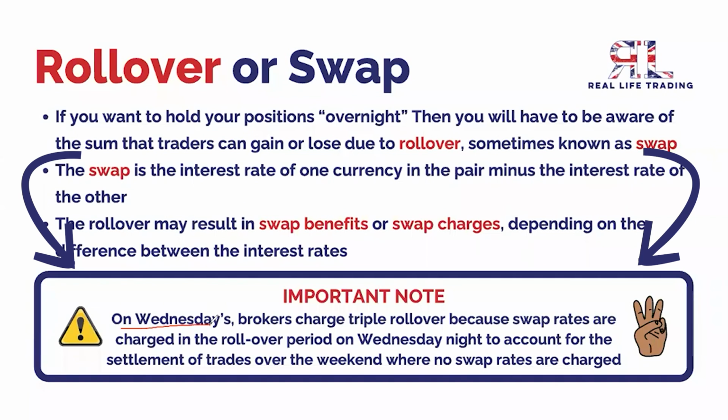So what does that mean in layman's terms? On the weekend, there are no swap rates, no rollover. So all the transactions that happen on the weekend have to be accounted for, and they normally take 2 to 3 days to be completed or reconciled, which normally falls on a Thursday, hence the reason why you get the triple rate.